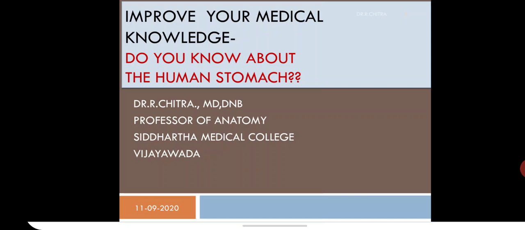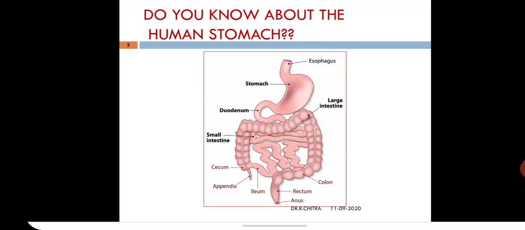Now we will see about the human stomach. This is the picture of the digestive system. The digestive system starts from the esophagus, the uppermost tube-like structure. Then the next part is called the stomach. Then the small intestine. The first part of the small intestine is called the duodenum. The last part of the small intestine is called the ileum, which opens into the large intestine.